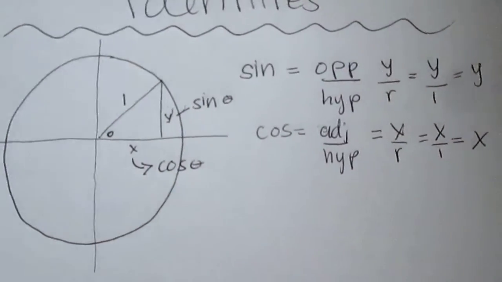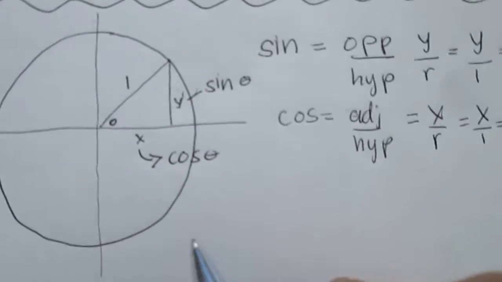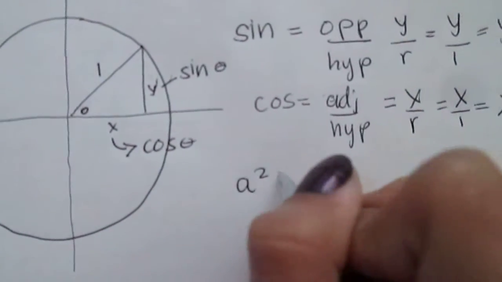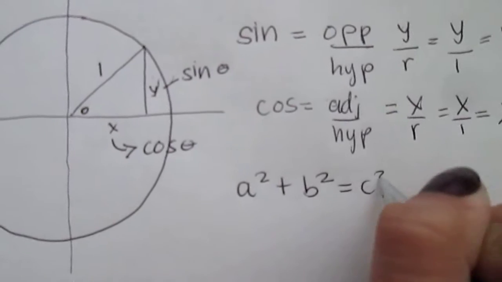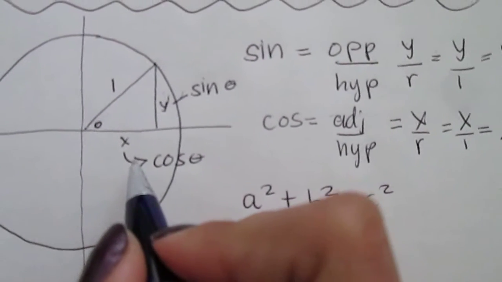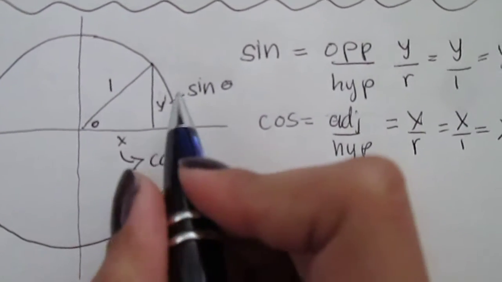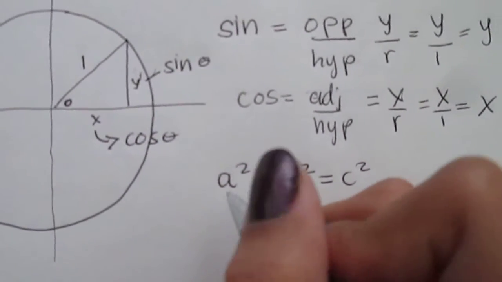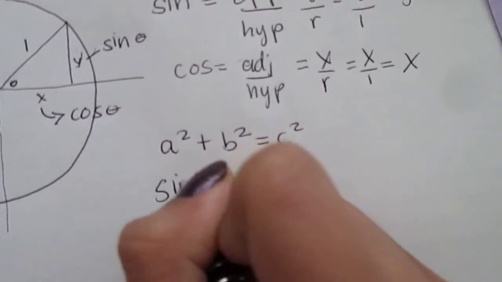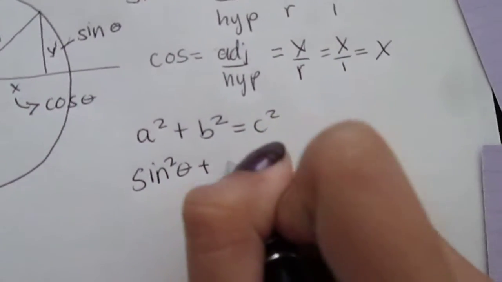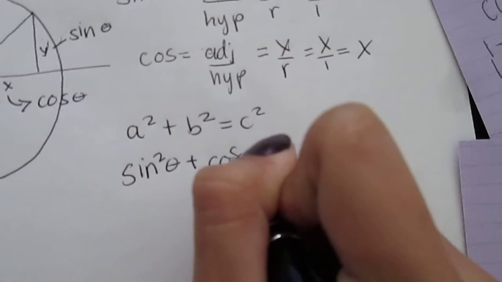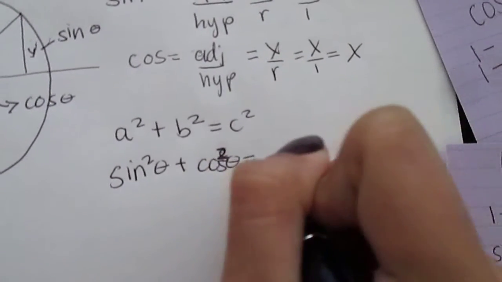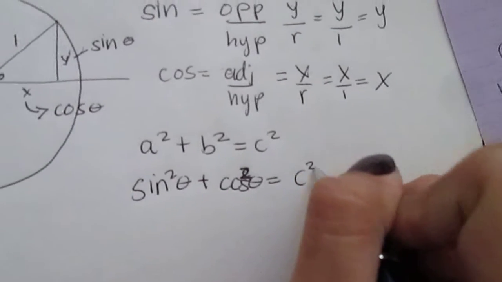Now that we have this, we can remember that the Pythagorean theorem is a squared plus b squared equals c squared. If this is our a and b, and of course the hypotenuse is c, we can substitute and say that sine squared plus cosine squared equals c squared.